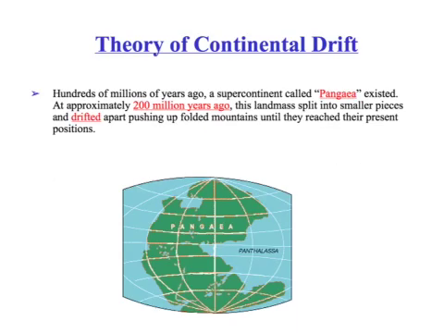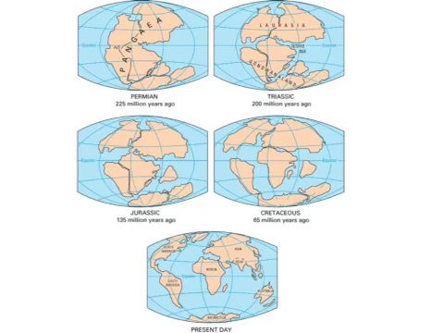Alfred Wegener also came up with the idea that he believed that there was a supercontinent 200 million years ago called Pangaea. And he actually did have evidence to support this. So here are little graphics to show what the Earth looked like back in geological time.